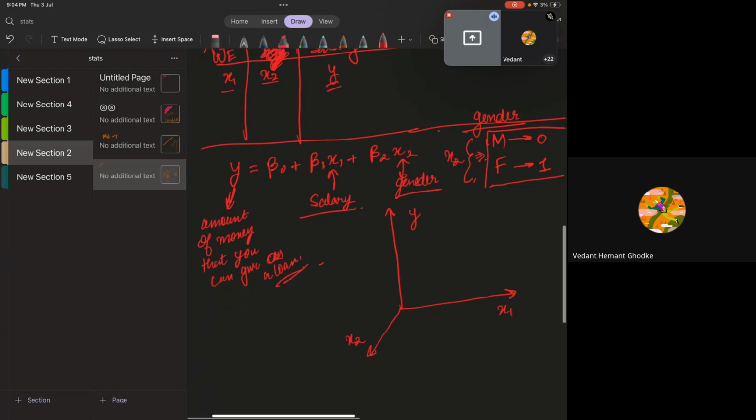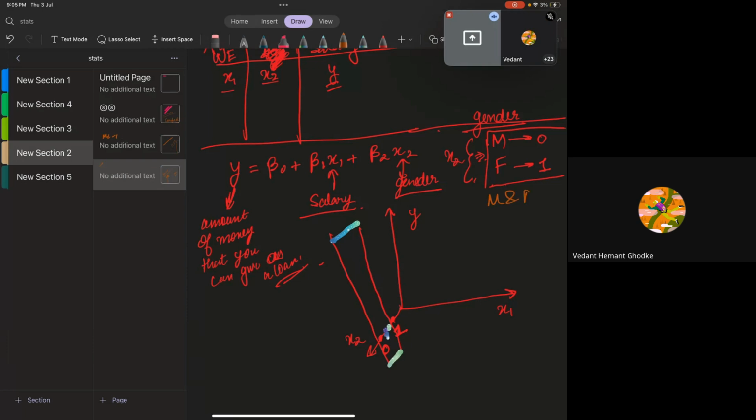So guys, your x2 will have how many values? Either 0 or 1. Yes or no? Yes. Now, let's draw a line from here. Let's draw a line from here. Can I join these two lines and say that the answer is a plane? That means that values between 0 and 1 are also allowed for male and female.